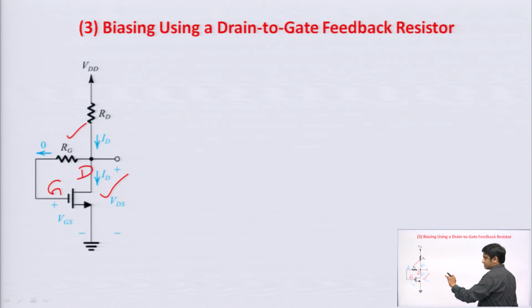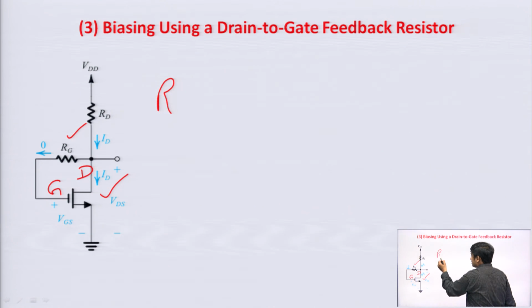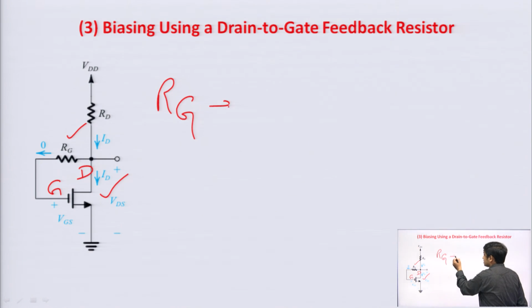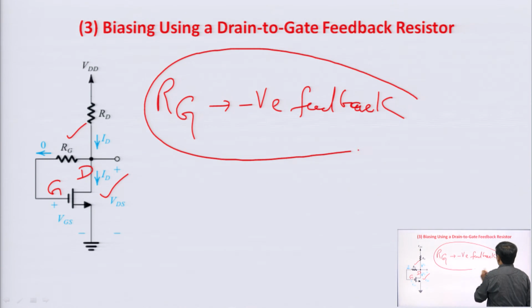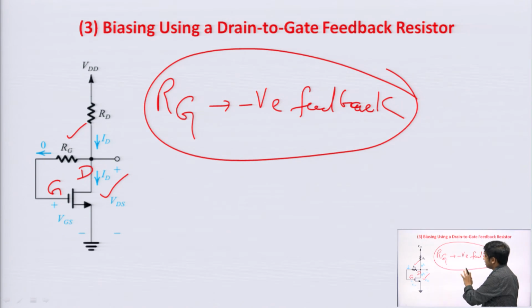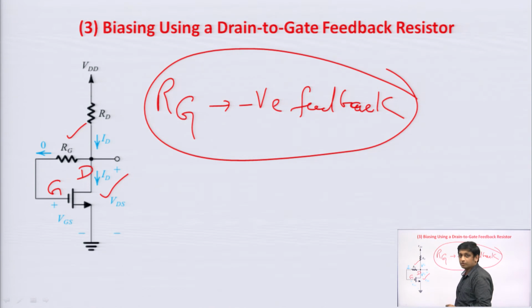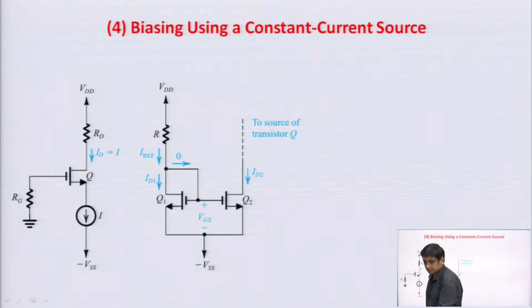The whole concept is the same. The purpose of connecting this Rg is that it provides negative feedback. You can verify this negative feedback action by the method which I have already explained. That is the advantage of biasing using drain to gate feedback resistor.